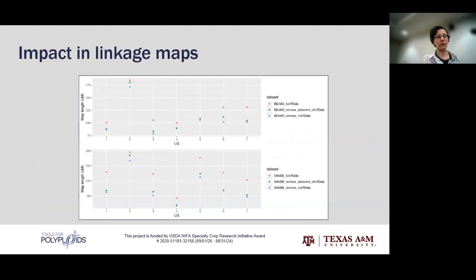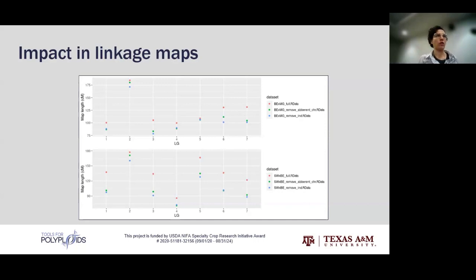Okay, so of course, if you have these artificial breaks in the map, the maps will be inflated. So we tested what happened with the map if we remove all individuals that are aneuploids, and also, instead of removing the individual, putting missing data in the haplotype of the chromosome that has extra copies.